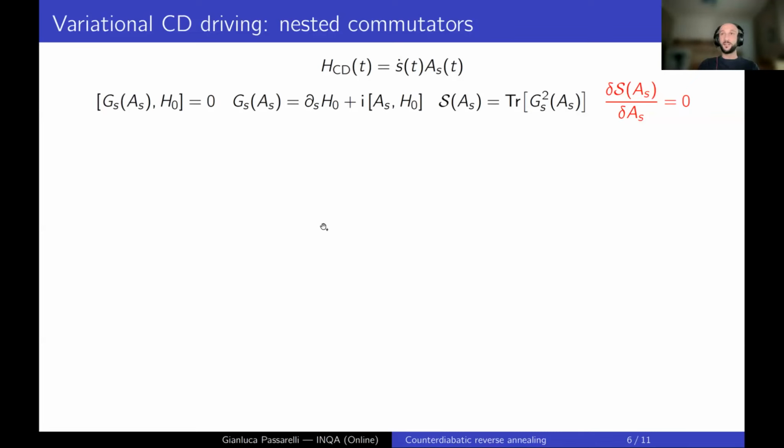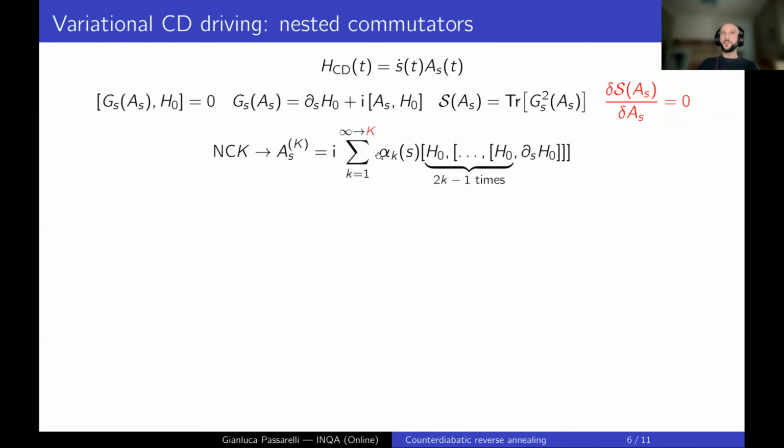engineerability in the device. Actually, there is an analytical result that tells you that the counterdiabatic operator can be expanded as a linear combination of nested commutators between the Hamiltonian and its time derivative. So in the limit of infinite k, this will be the exact counterdiabatic driving operator.